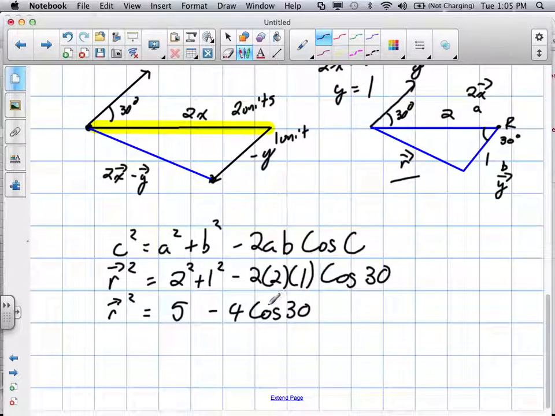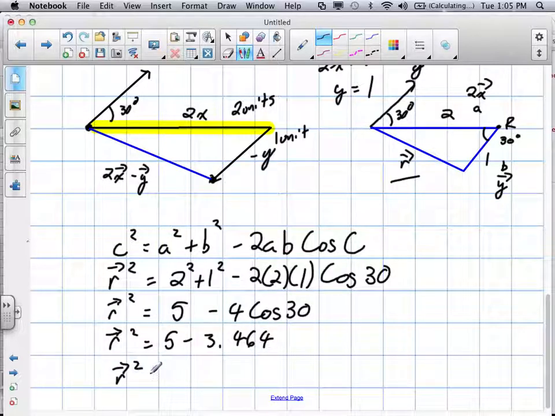Anyone know cos 30 times negative 4? Get my calculator. What is it? Okay, 3.464. Perfect. So r squared is equal to 5 subtract 3.464, which gives us 1.563.